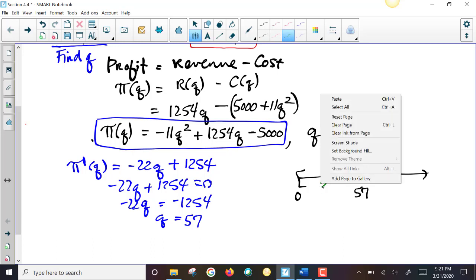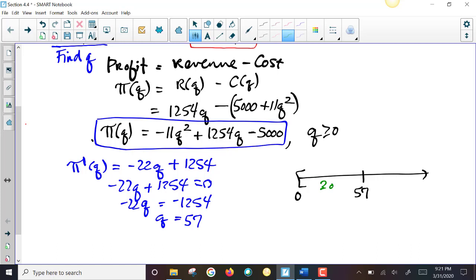So if I choose 20 here and 80 here, and we substitute them into the first derivative, remember if it changes sign at 57, then that critical point is a max or min. All right. So if I plug 20 into the derivative, I'm going to get a positive number. And if I plug 80 into here, I get a negative.